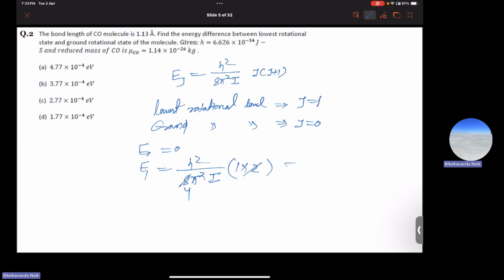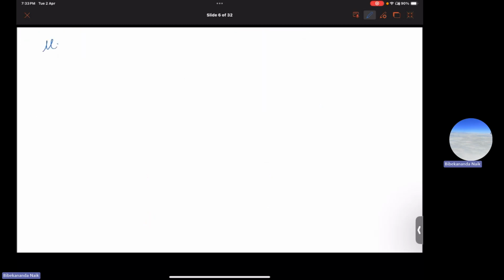The 2 and 8 will cancel out. It will be h square divided by 4 pi square I. Here I is the moment of inertia, which is given by mu r square, and this mu is nothing but the reduced mass of carbon monoxide, and r is nothing but the bond length.